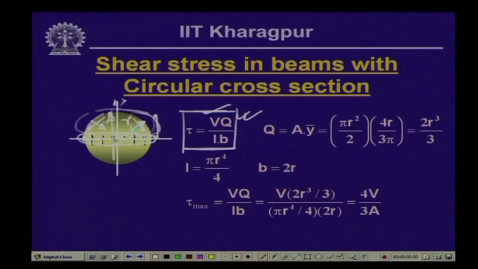As we have seen in the case of the rectangular one, the shear stress is maximum at the neutral axis, and that is true for this circular section as well. So, at the neutral axis position, which is along the diameter, the maximum shearing stress occurs.